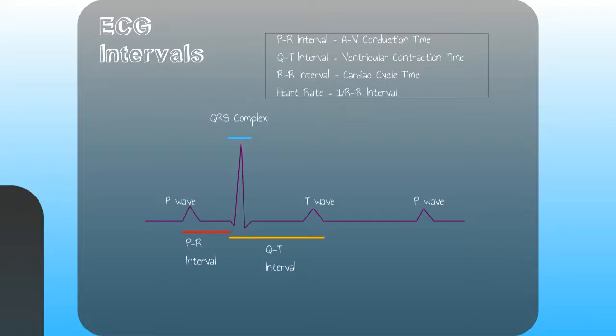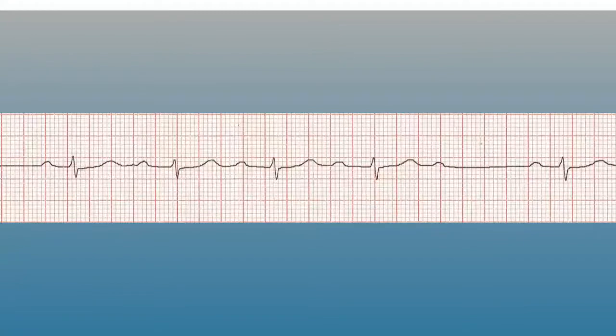If it doesn't, and if you need to work out that QT interval, as a general rule of thumb, you can have a look to see if there are more than 2 small squares between the complexes. So that, of course, is around about 400 milliseconds. Now, that's going to be around about normal for a patient with a normal heart rate. If it's substantially smaller than that, you might have a short QT, substantially longer, and you're going to be thinking that the patient has a prolonged QT interval.